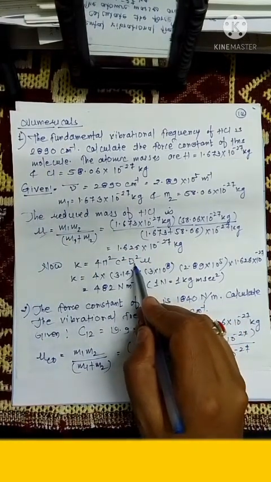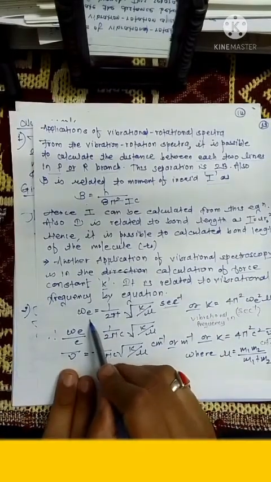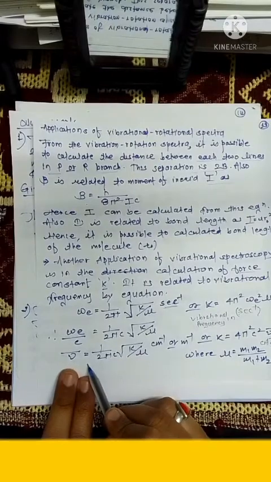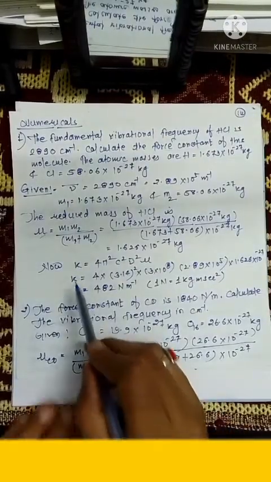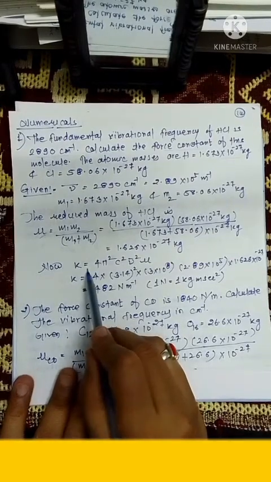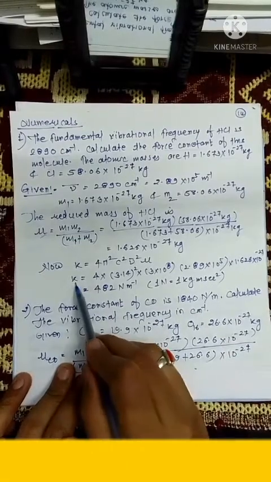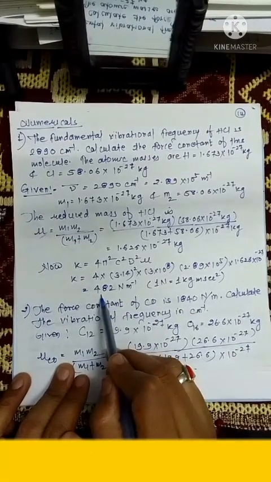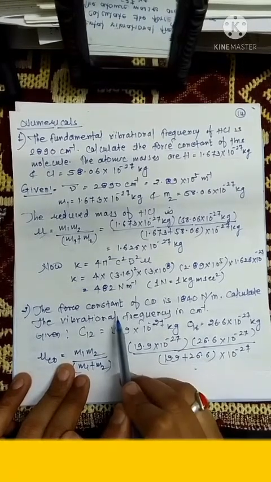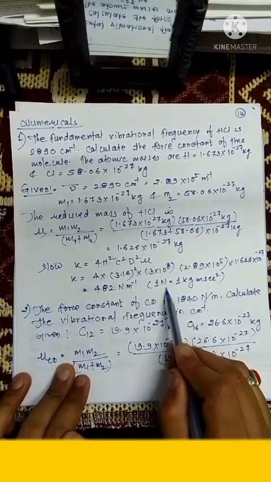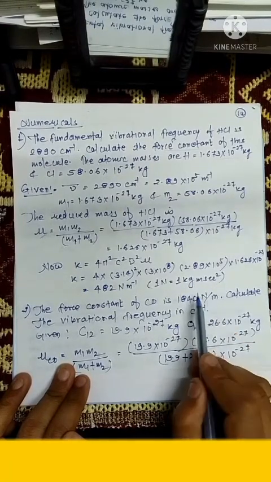Don't use this formula. Use this formula. So that formula is rearranged and written like this. After putting all the values, we get force constant equal to 482 Newton meter inverse. 1 Newton is always equal to 1 kg meter per second square.